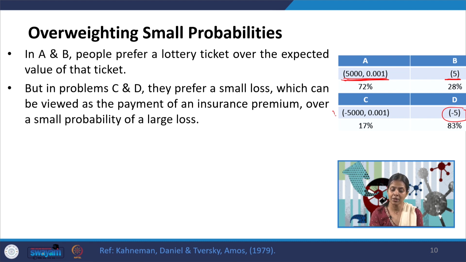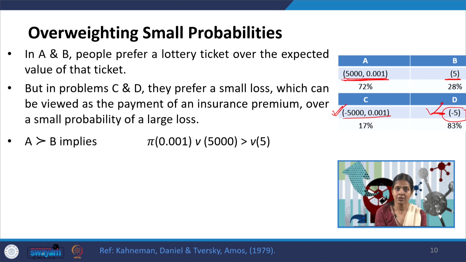So, that can be compared with a gamble like C, and we generally pay a small amount relative to the amount of the cost of damage as insurance premium. So, this amount is equivalent to the insurance premium, which is essentially again 0.001 multiplied by 5000. So, people prefer to pay an insurance premium as opposed to expecting a large loss, even though with a very small probability.